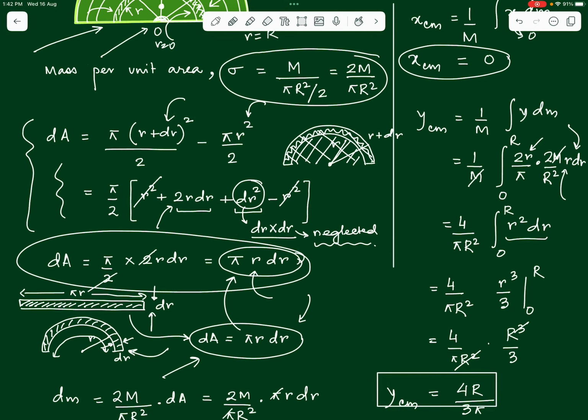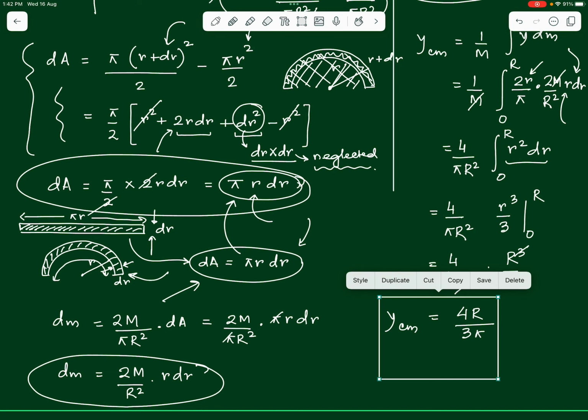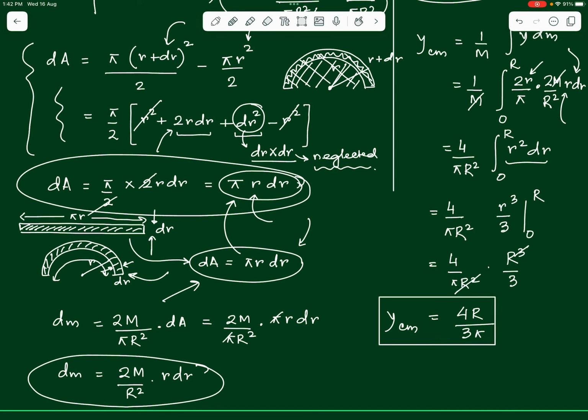Another important expression for the center of mass of a half disk, right? Another relation to be remembered, another relation to be directly used in other questions. So 4R by 3 pi, once again if we look at this factor 4 by 3 pi, it is certainly going to be less than 1.